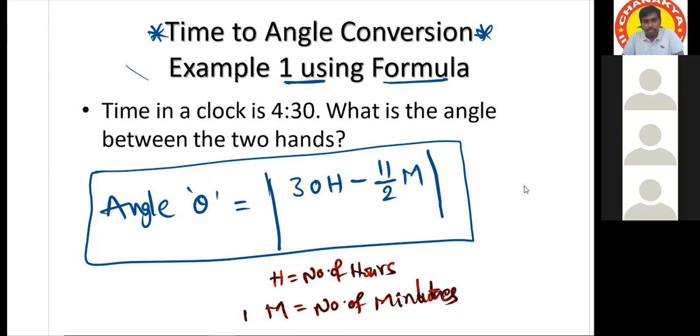Piyush, read it. Yes, sir. So modulus 30h minus 11/2 m. m is equal to minutes and h is equal to hours. Ananya, read it. Yes, sir. Angle theta is equal to modulus of 30h minus 11/2 m. Aditya, read it.